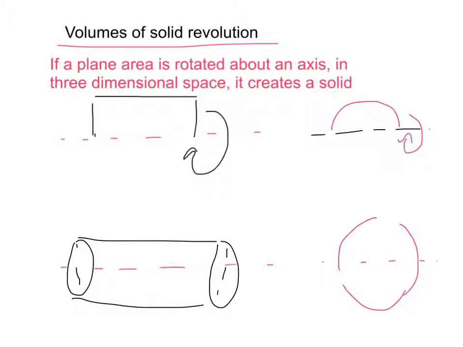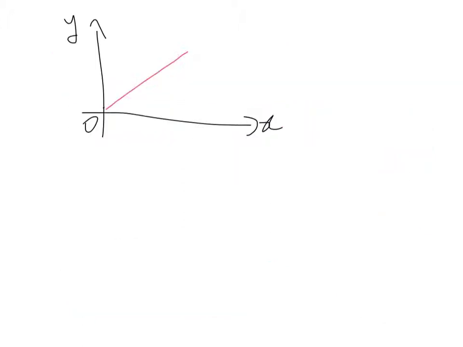Again, if I have a ray that you see here, and I want to rotate it about the x-axis in this way, I will actually end up with something that looks like a cone.